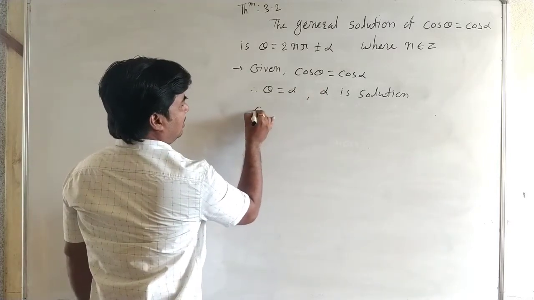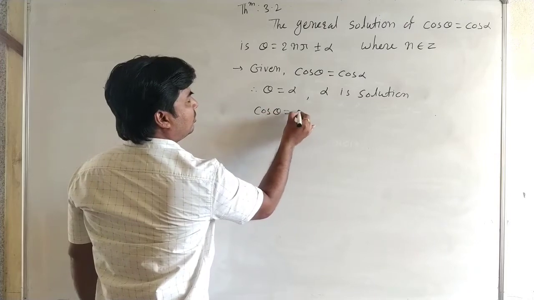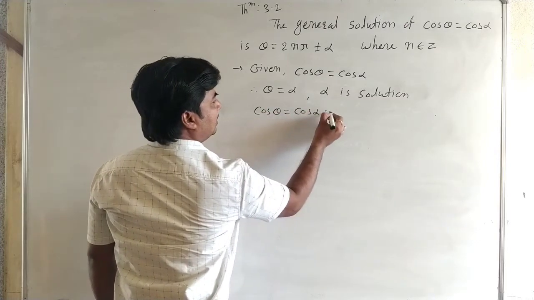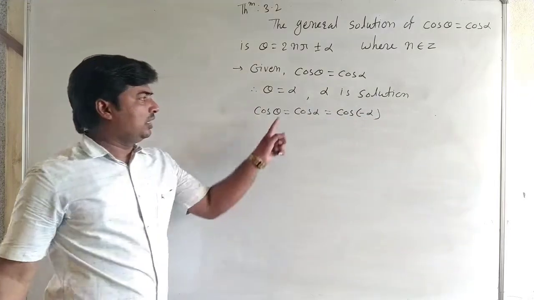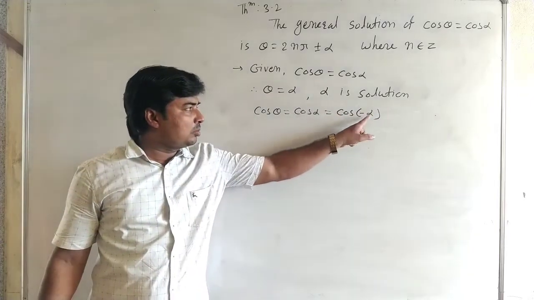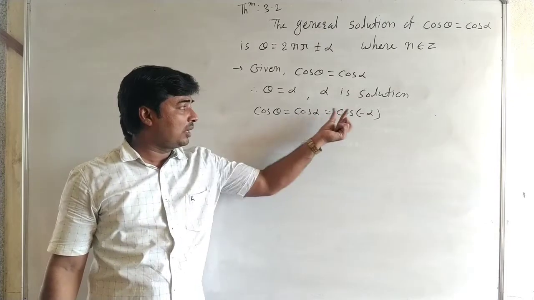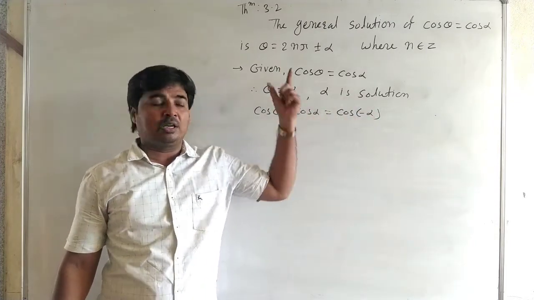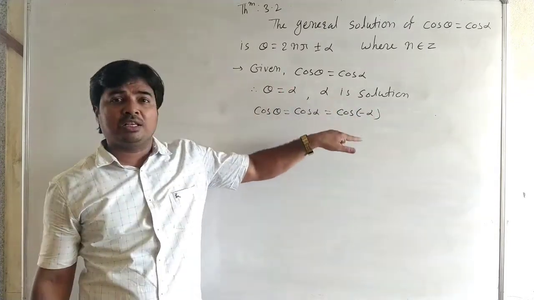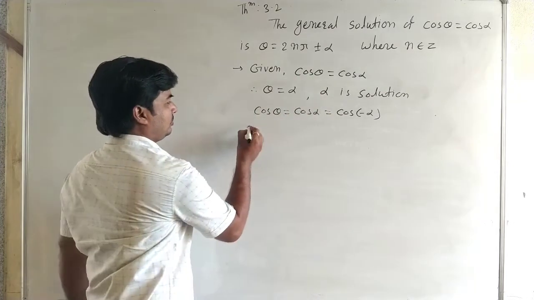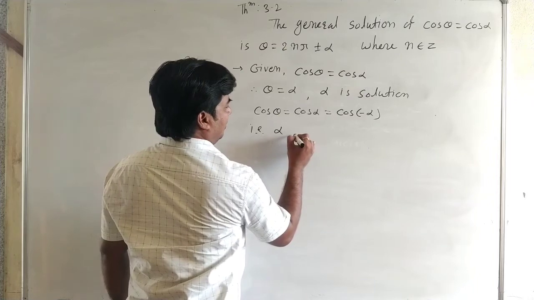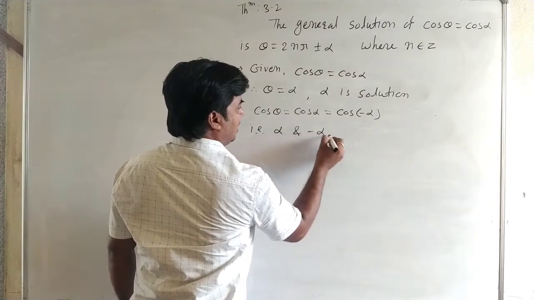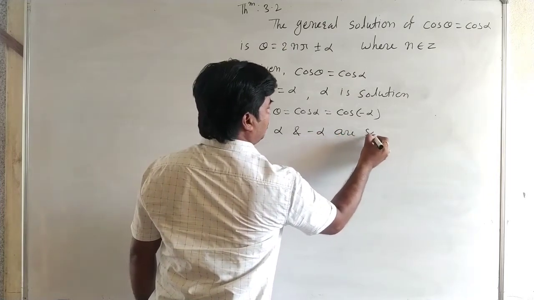See carefully, we know that cos theta is equal to cos alpha. That means cos of minus alpha. Cos minus theta is equal to cos theta, so cos alpha is equal to cos of minus alpha. That means alpha and minus alpha both are solutions.